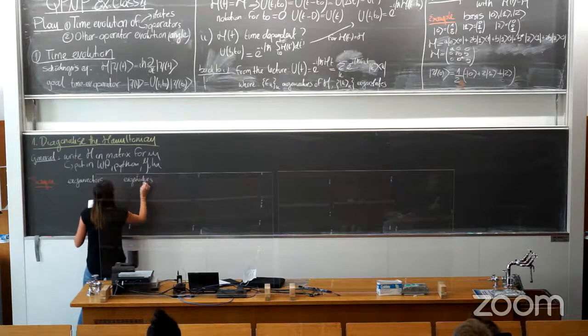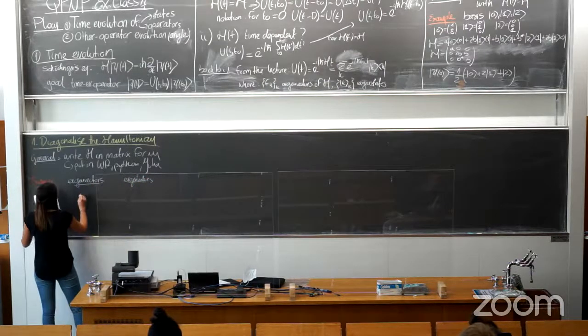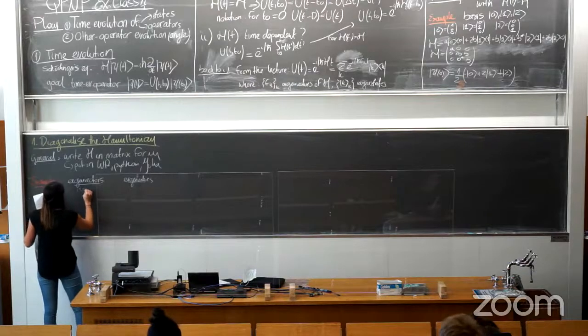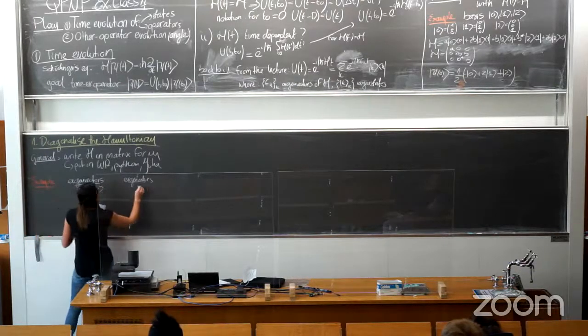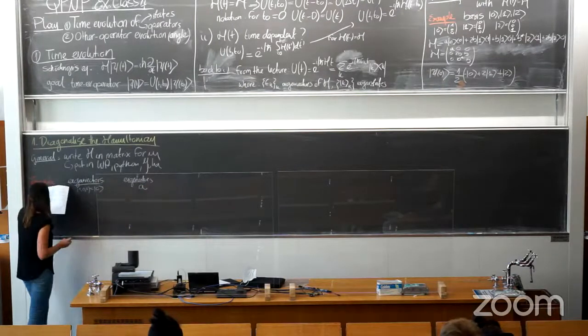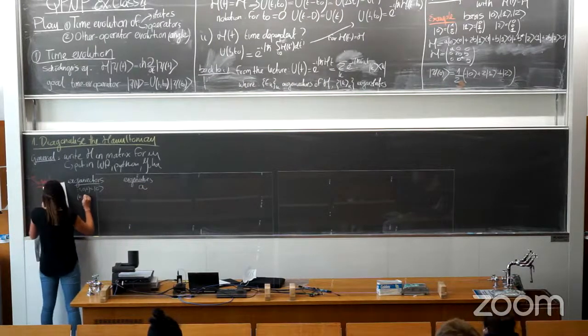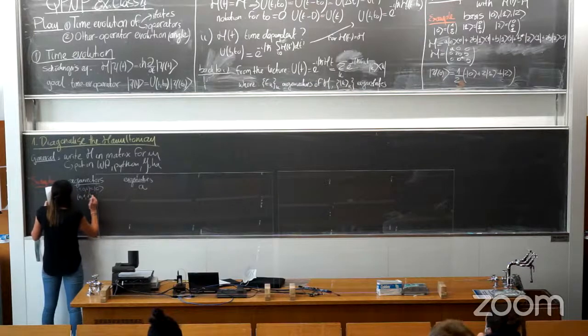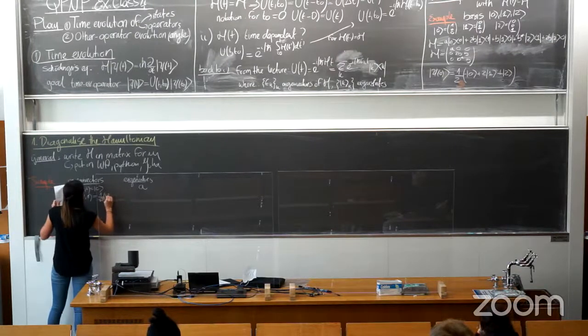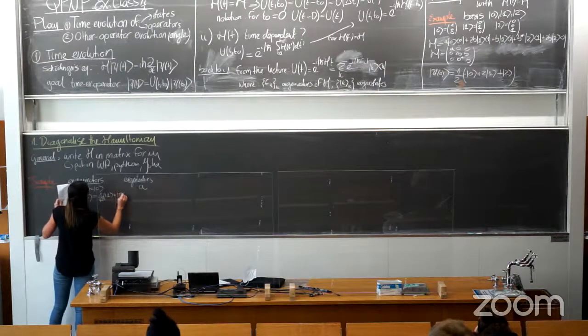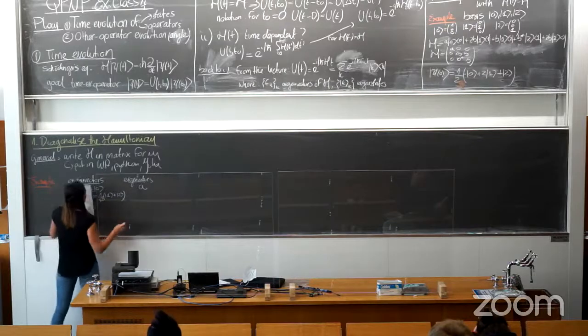The first eigenvector is exactly our basis state 0, and the eigenvalue is A. The second is the superposition of 1 plus 2, and we write it as 1 tilde.